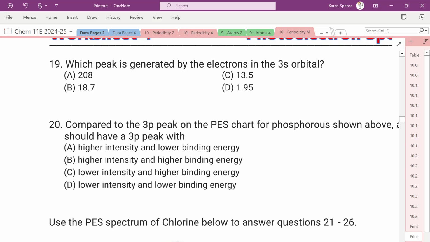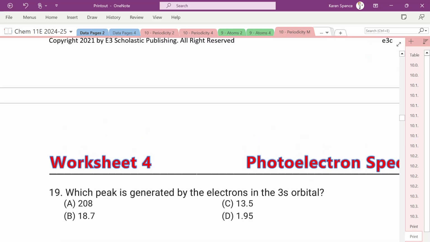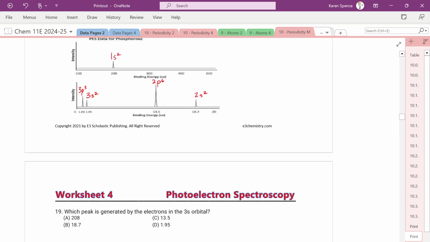So sulfur is going to be, it won't be 1s2, 2s2, 2p6, 3s2, 3p3. This is phosphorus. Sulfur is to the right of phosphorus, so it will have one more electron.